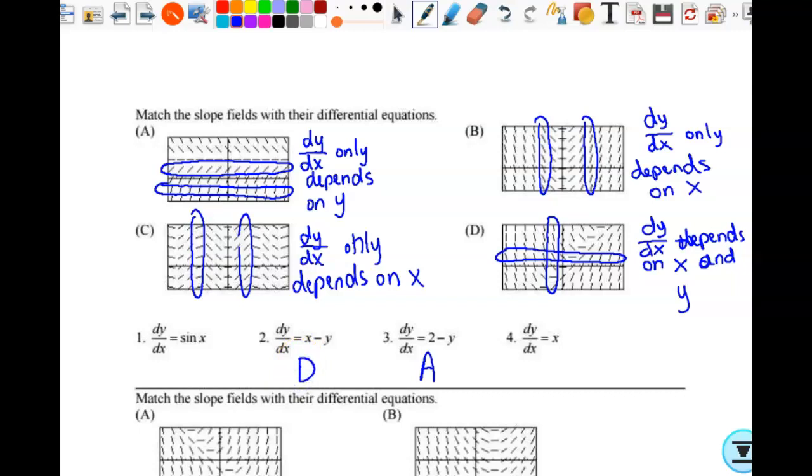When we looked at B, somebody said they see quadratic functions. If we start with a quadratic function, the derivative of any quadratic is linear, right? So B goes with which one? 4. So then, by default, number 1 has to be C.